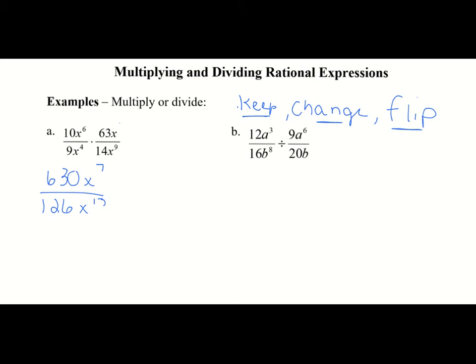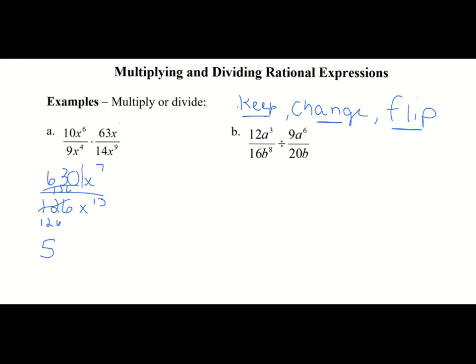Now I can do simplifying here. The 630 over 126 goes in evenly 5 whole times. If I divide everything by 126, it's going to give me a whole number 5.